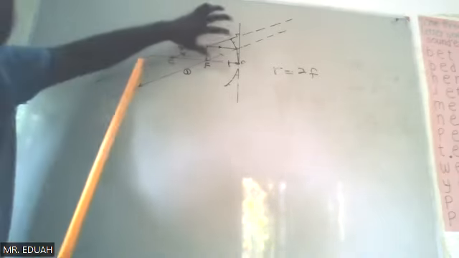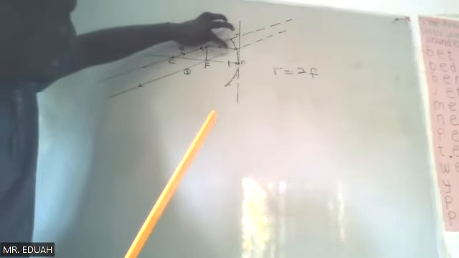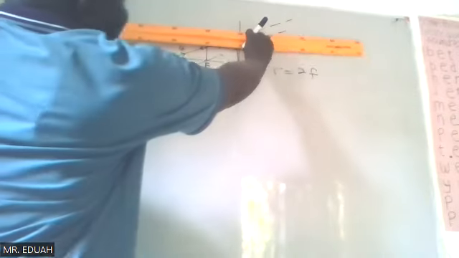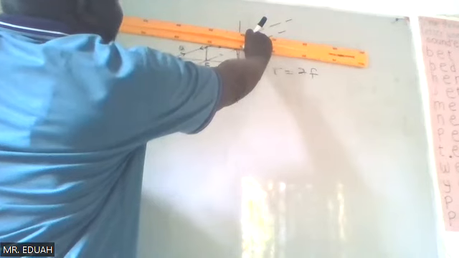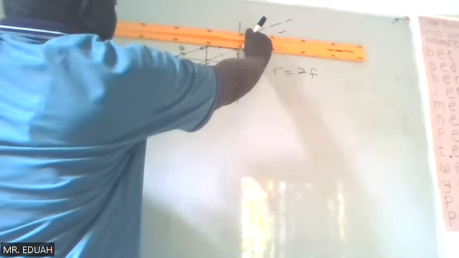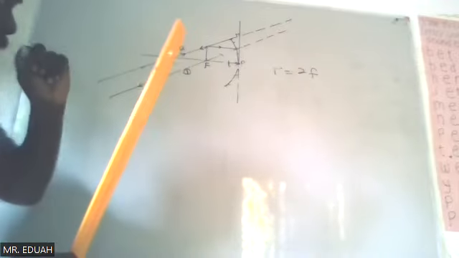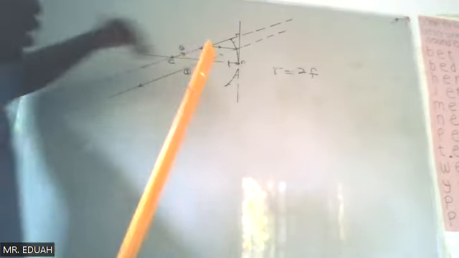The only challenge is that when you are drawing a ray coming from the object parallel to the axis, you have to try and ensure that it is parallel. Even what I've drawn is not exactly parallel. That is why the rays appear to be meeting over here. But when you gauge and draw it well, the reflected rays in front will be parallel, and so will the reflected rays at the back.